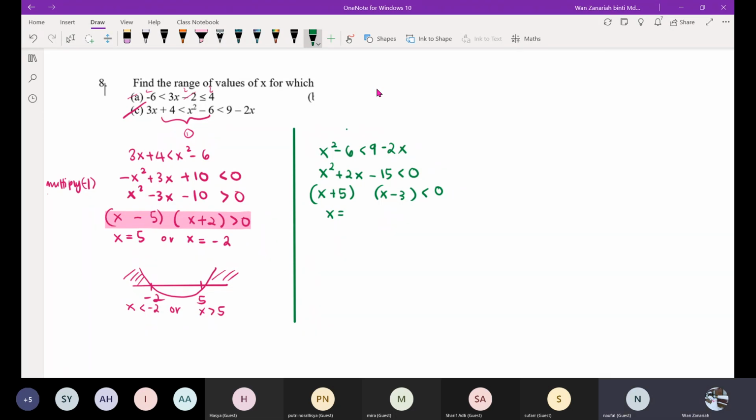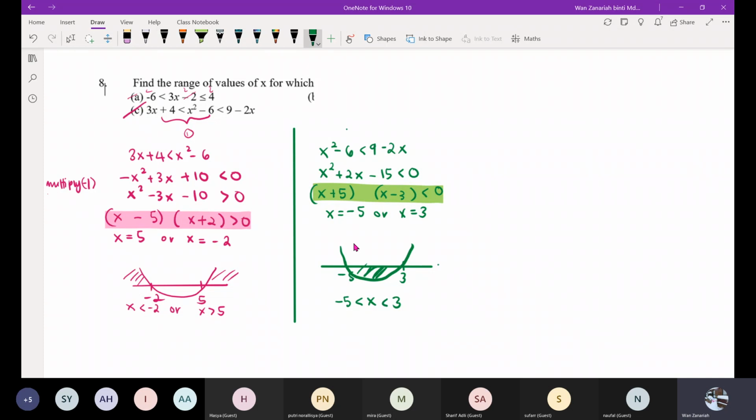So x equals negative 5 and x equals 3. Okay, so below, less than 0, so your x is in between negative 5 and 3. Check whether there is any equal symbol. There isn't, so good.